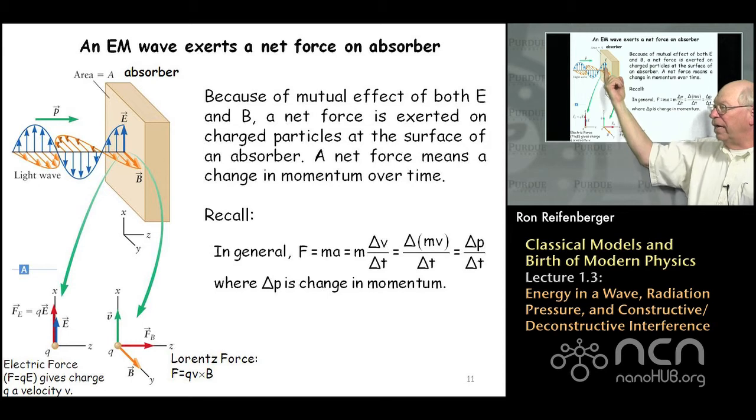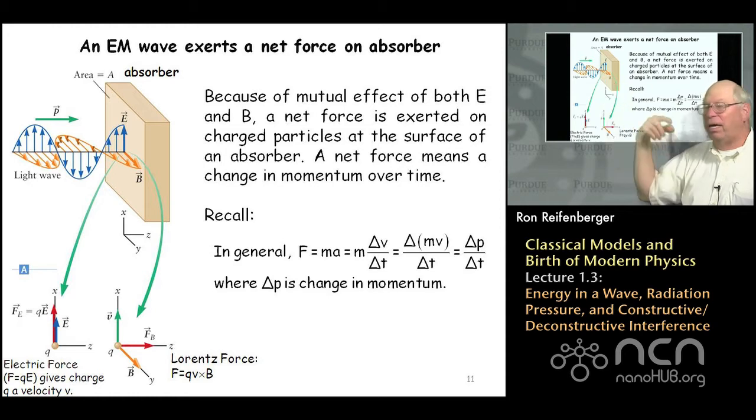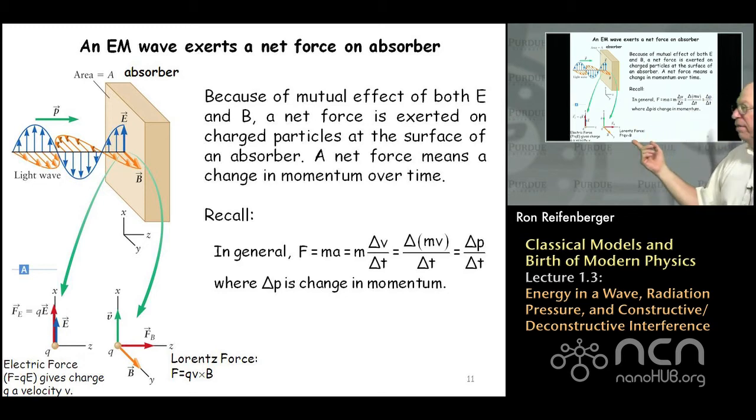Okay, so this electric field imparts a velocity to the charge, and anytime you have a charged particle with a velocity v at right angles to a magnetic field B, you exert a Lorentz force on that charged particle, and that Lorentz force is given by this expression q v cross B down here. So in general, this force is going to cause a change in momentum of the charged particles with respect to time.